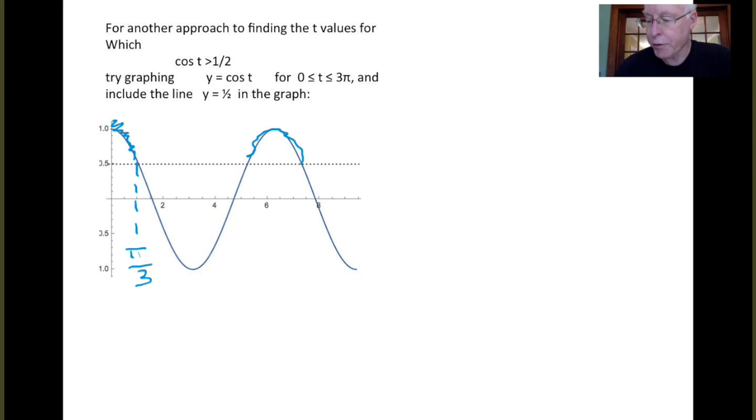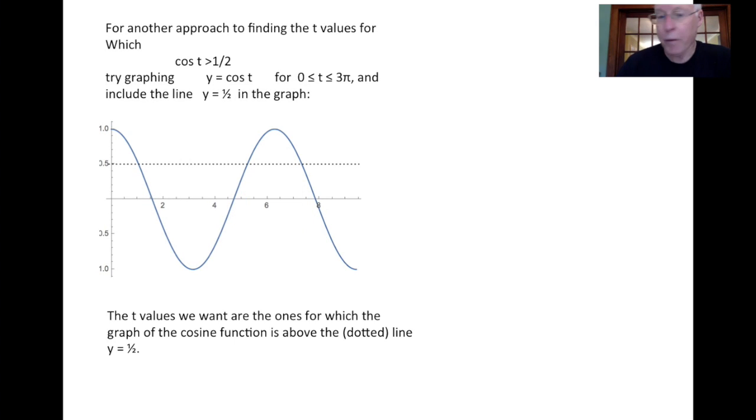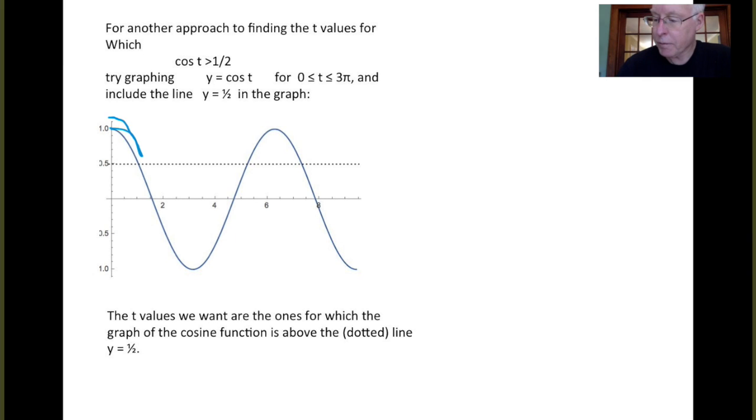So there is our 0 to pi over 3 interval. And over here, this intersection point happens at t equals 5 pi over 3, and this one at t equals 7 pi over 3. So you can see how important it is to know those values for the elementary angles. And with that, as we mentioned, we're just looking at the places where we're above the y equals 1/2 line, here and here.